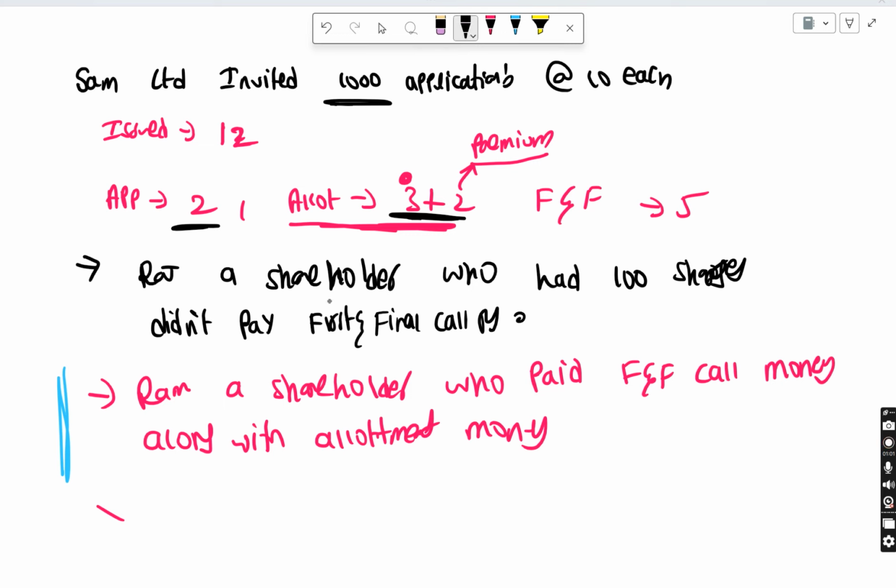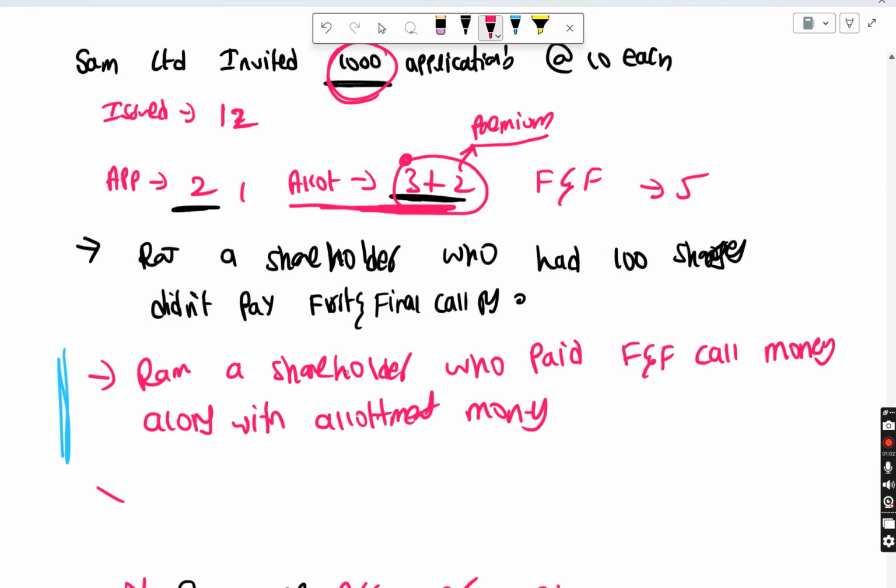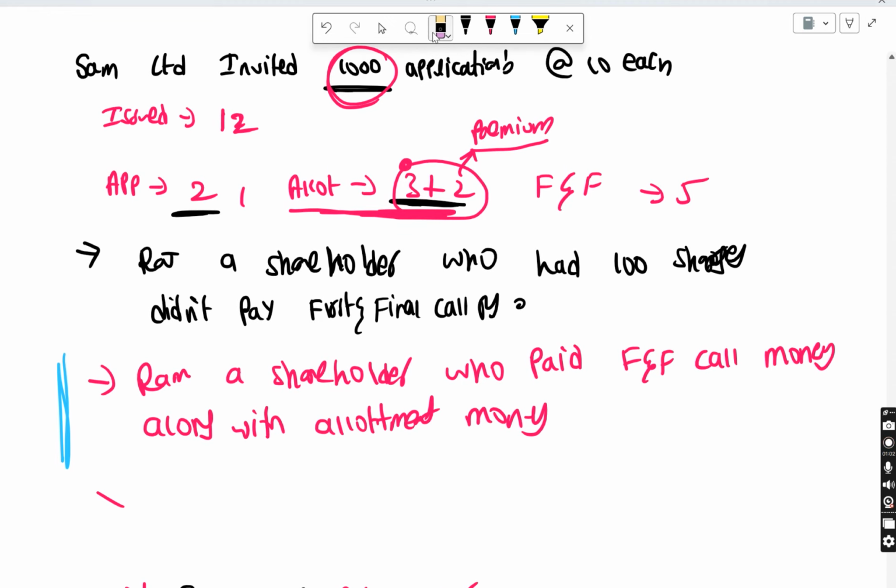Then the entry will be share allotment account debit to share capital account, 1000 into 5, 5000, to share security premium account. Hold on, whenever you are telling, tell with the numbers as well.